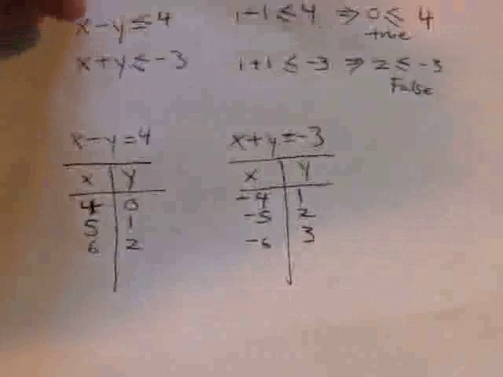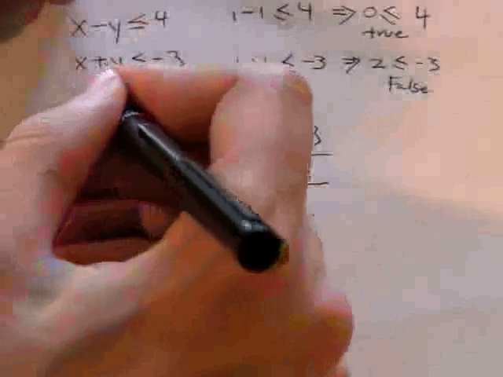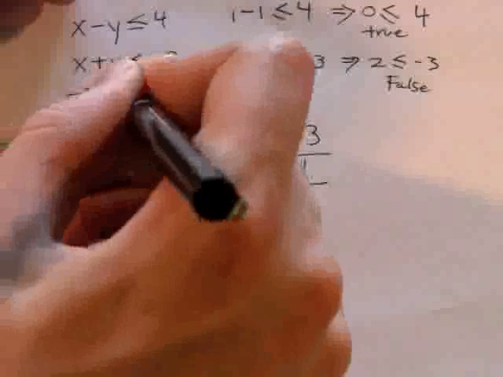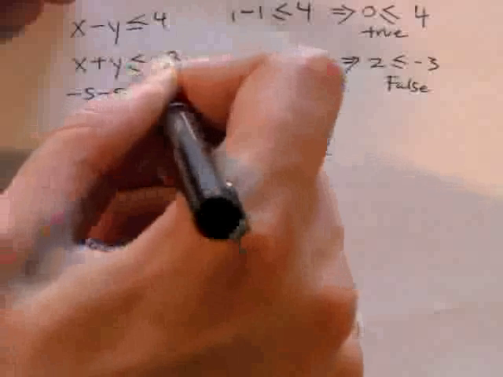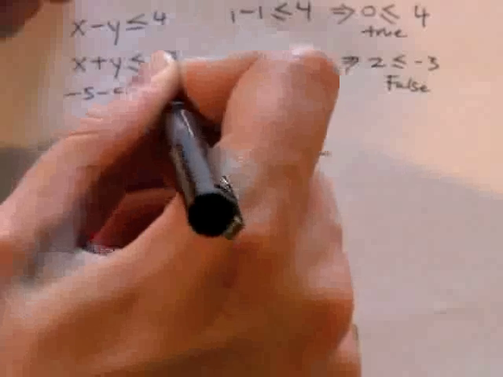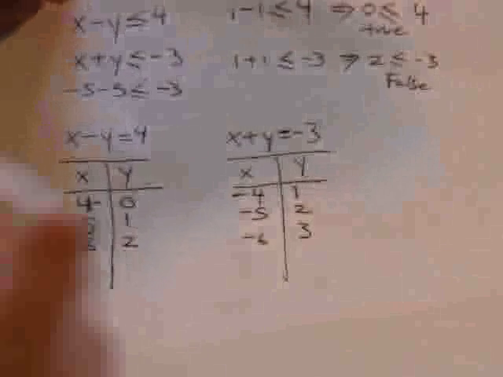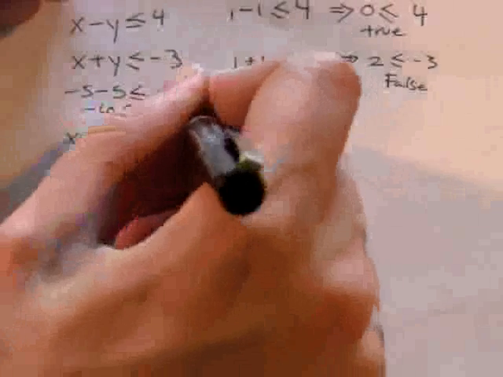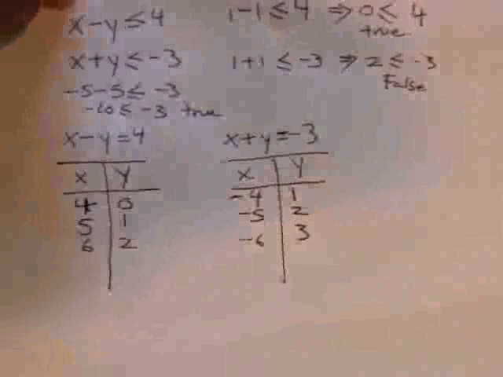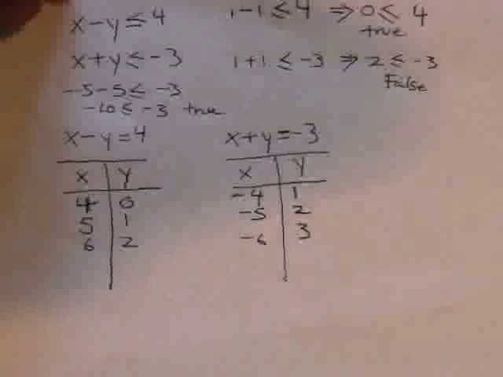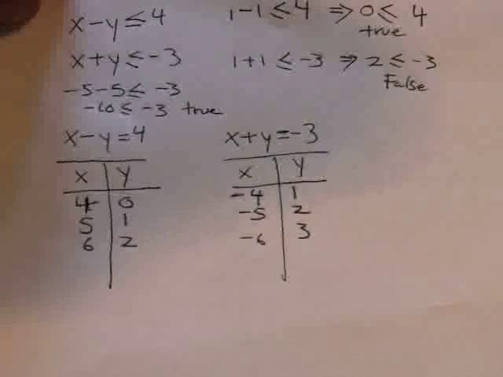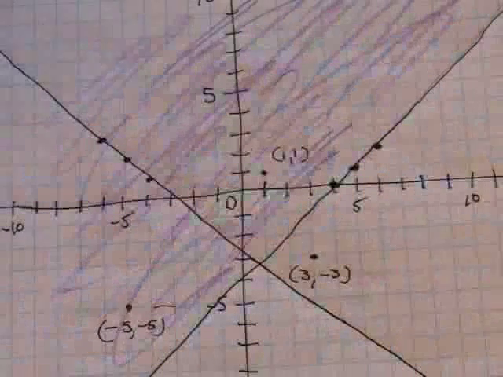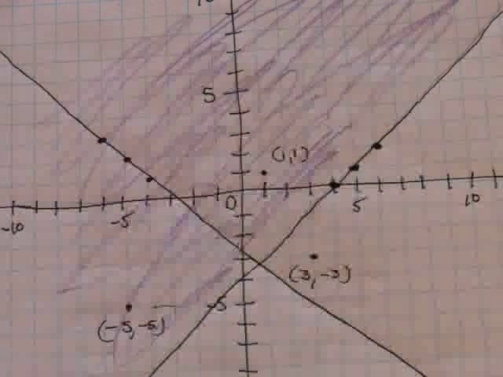So remember this equation? I'll write it just below it. So it's -5, -5, and that is -10. And that's true. -10 is less than or equal to -3. So the bottom half gets the shading.